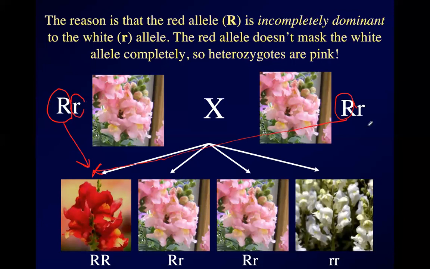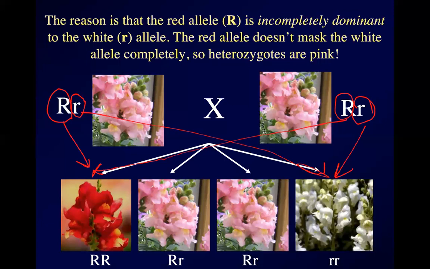Some of those offspring will just happen to get the little r from both parents, and they'll be white. And these in the middle are the ones that get a big R from one parent, it doesn't matter which, and a little r from the other parent, and they'll look pink. So instead of that 3-to-1 pattern, you get a 1-to-2-to-1 ratio.